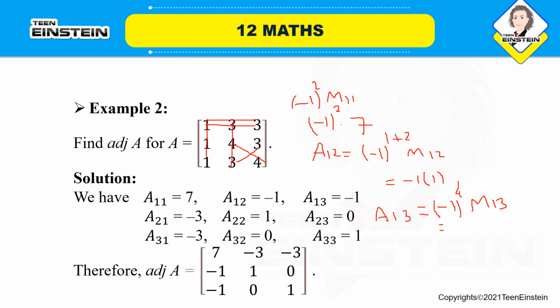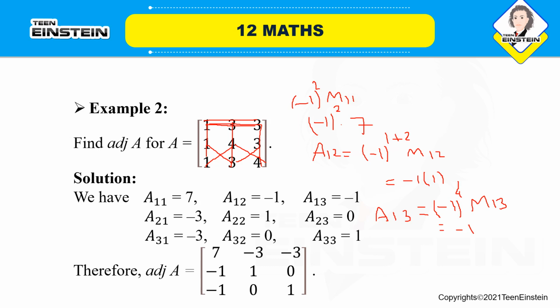Okay, in 1 3 position we have the element 3. Delete the row and the column having the element 3. You are getting a 2 by 2 matrix 1 4 1 3. So in the downward arrow you are getting 3 minus upward arrow, so minus 4. What is 3 minus 4? It is minus 1. Okay, so A13 is minus 1.